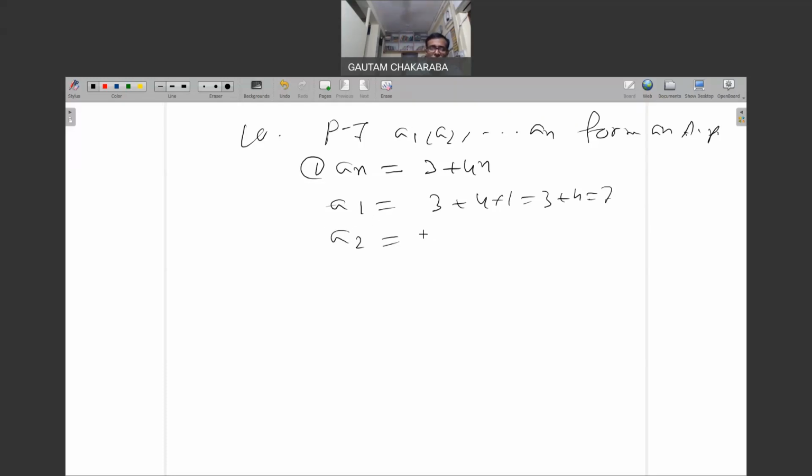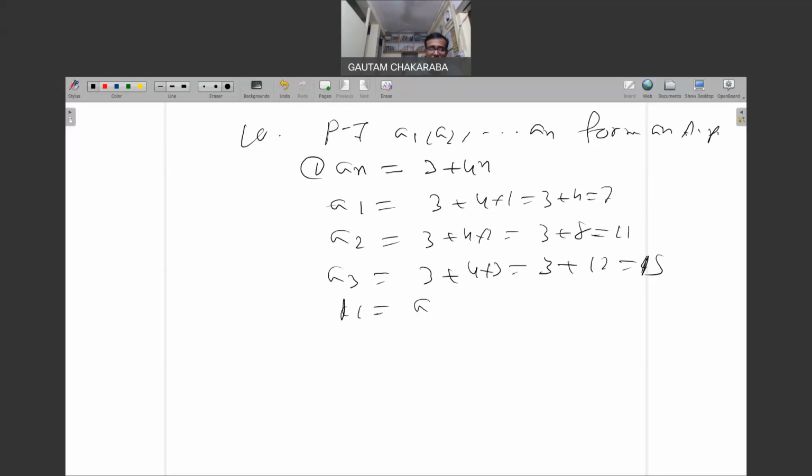If you put n is equal to 2, 3 plus 8, 11. That is the second term. And if you put n is equal to 3, 3 plus 12, that is 15, the third term. Now after that, you find the common difference.